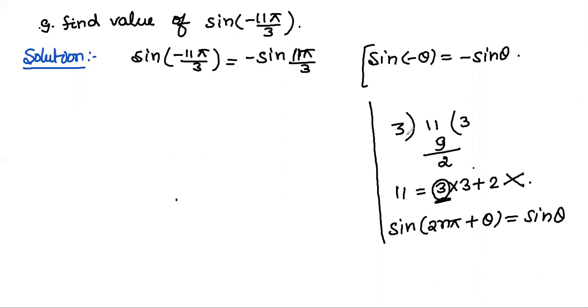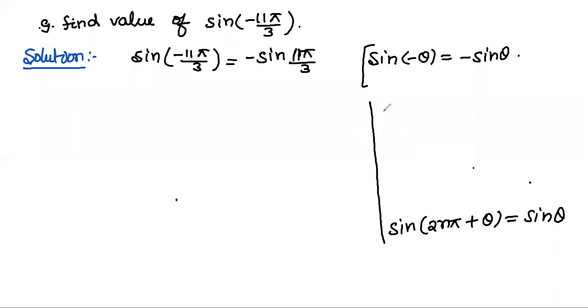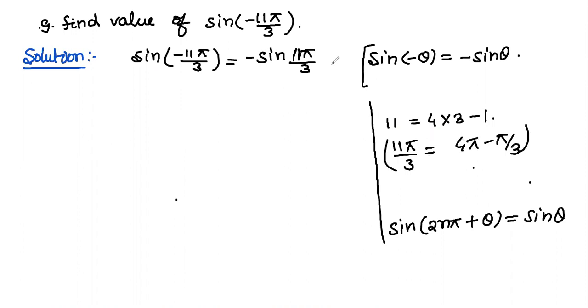So we can write 11 as 4 into 3 minus 1, meaning 11 pi by 3 as 4 pi minus pi by 3. This format we have to take in place of 11 pi by 3. Why are we taking it? Because here we are getting a multiple of 2. Then only we can apply this periodic form.